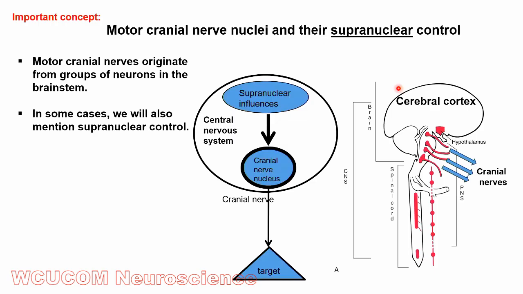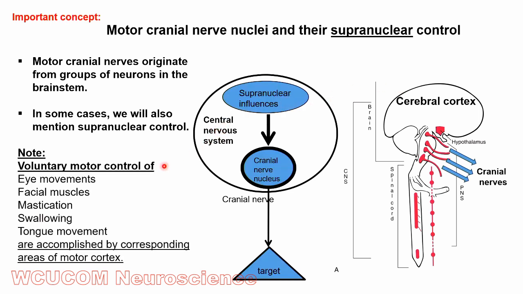Okay, so it may sound tricky, injecting new phrases and new concepts into this, but there is something to be gained from all of this. Supranuclear control, particularly the ones that are voluntarily driven. Eye movements are included in this, but for eye movements there is an entire system coordinated from cortex through specialized areas of the pons and other areas of brainstem that we'll talk about separately.